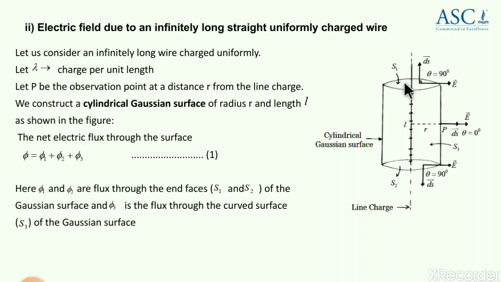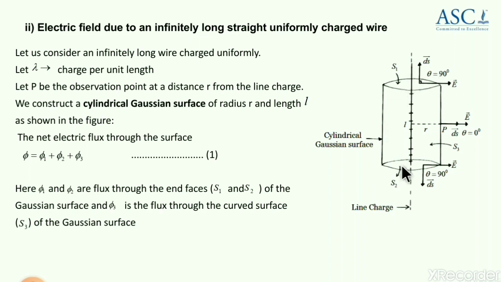Any point on this surface you can choose. If you choose here also, the normal will be like this to this surface and the electric field will be like this. So at every point on this surface, the normal to the surface makes 90 degrees with the electric field. Hence you have to substitute 90 in place of theta.